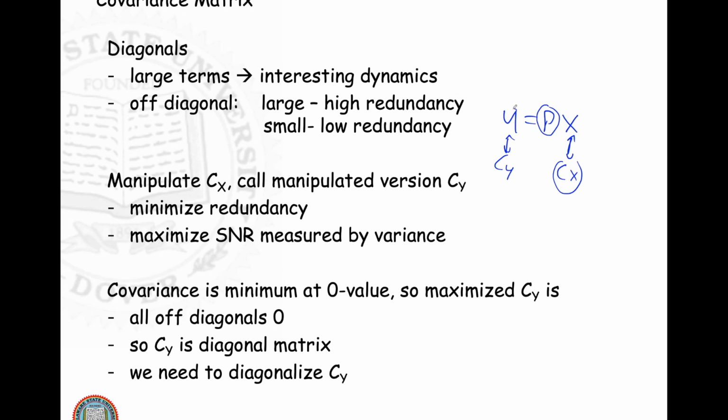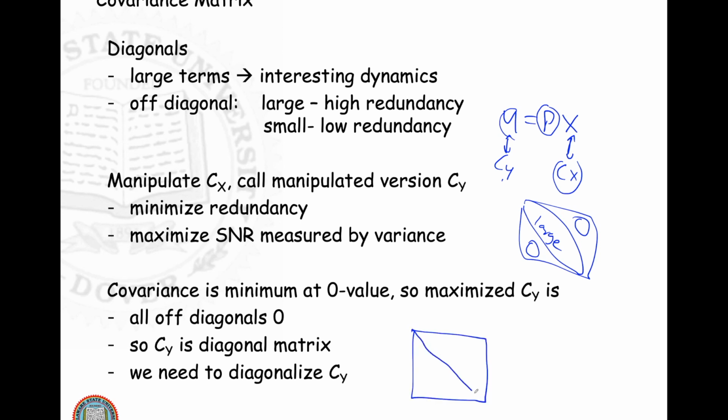And so essentially, because our covariance is minimum at 0, the best P you can select is one that produces a Y whose covariance is large in its diagonal terms and 0 in its off-diagonal terms. So what does that mean? That means we want a diagonal matrix. A diagonal matrix is a matrix of the form exactly as we described.